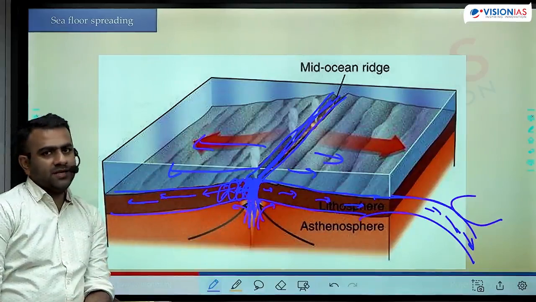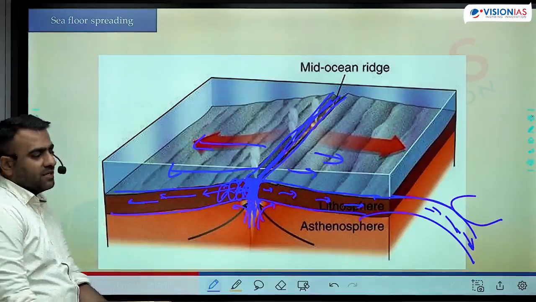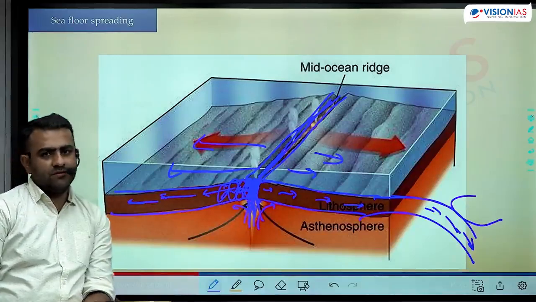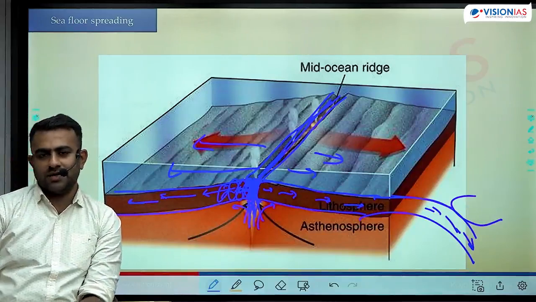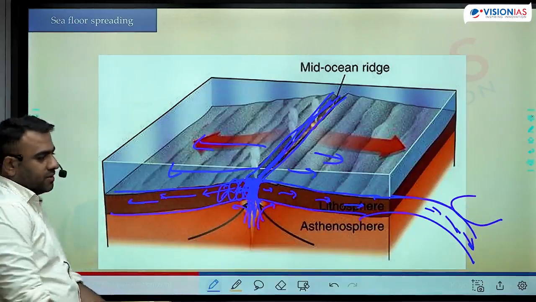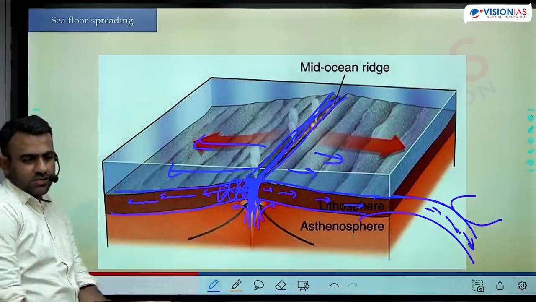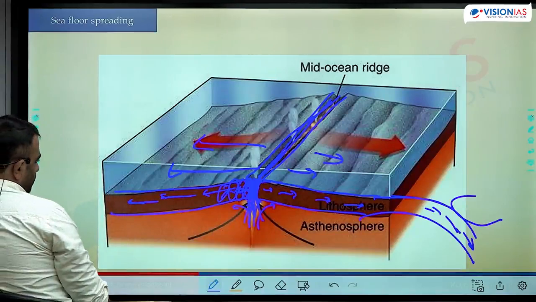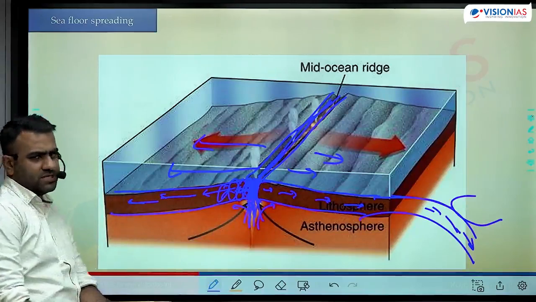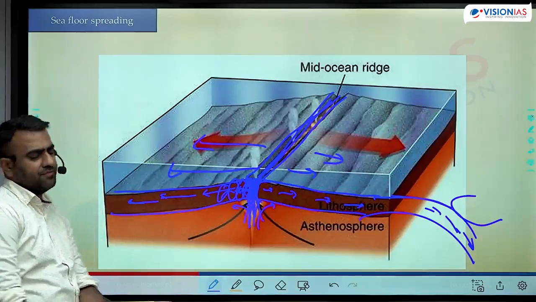The seafloor spreading theory provides information regarding the nature of the seafloor. Till now, we used to think that the seafloor is static, featureless. We got to know that the seafloor is filled with a large number of features. The seafloor is dynamic in nature. It is continuously getting generated and continuously getting destroyed also. Its whole nature keeps changing continuously.